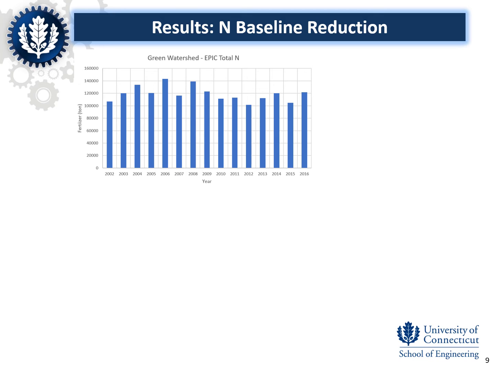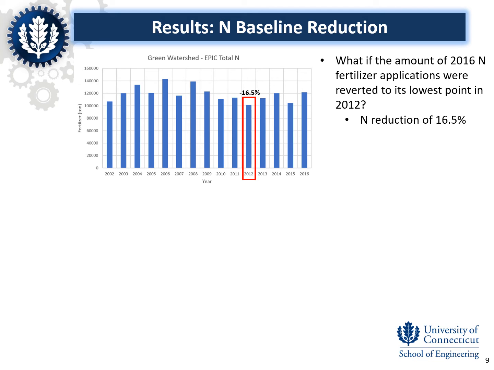For our first scenario, we attempted to identify a realistic amount of nitrogen reduction by investigating the baseline EPIC total nitrogen applied in the green watershed for our study period. And we saw that 2012 was the year with the lowest nitrogen fertilizer applied, with nitrogen fertilizer applications in 2012 being 16.5% lower than that of 2016.